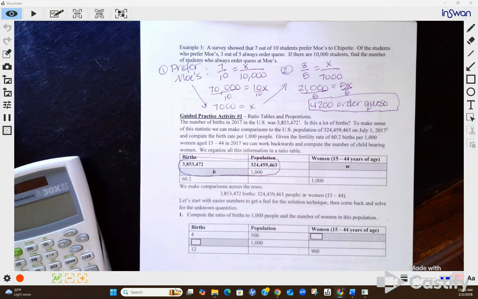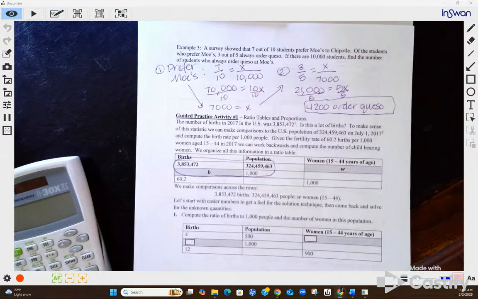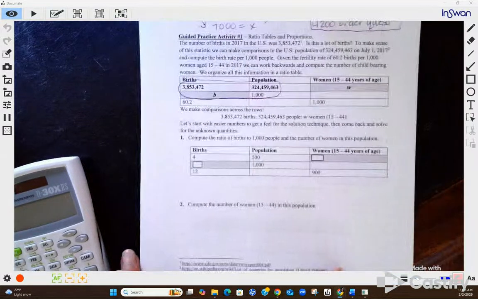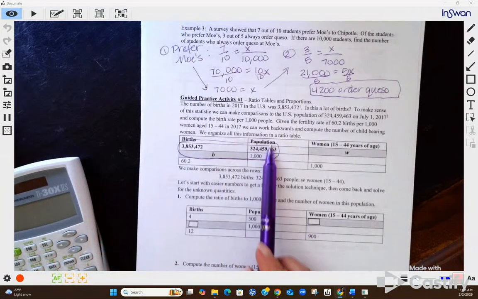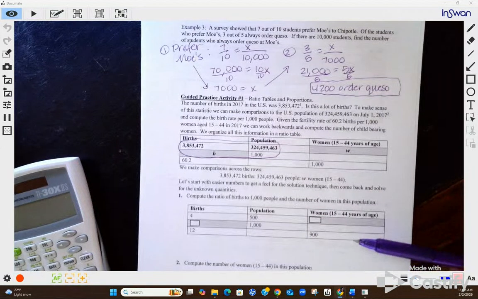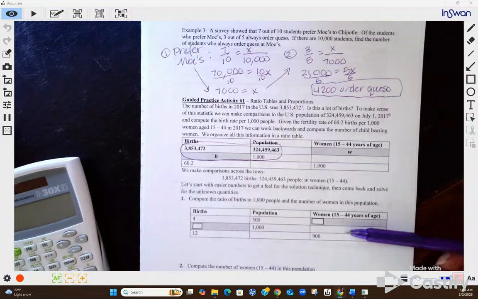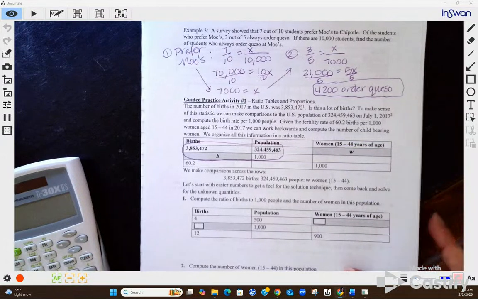And that's how you would find out what B is. We're going to come back to that because those are big numbers. We want to start with a smaller ratio table that has some easier numbers to work with. Okay, so you can see it's set up very similarly, like we have numbers in all the same places. So this is just basically a starter table using better numbers than what's here, and then we'll revisit that.